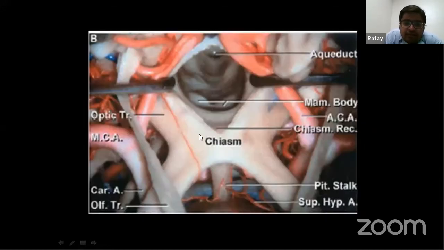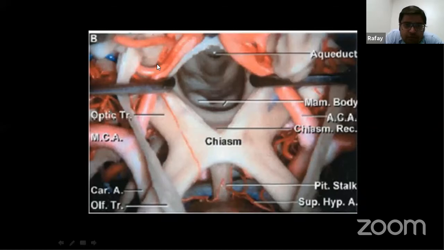This is the anterior view of the anterior wall, but the lamina terminalis has been removed. These are the optic nerve, optic chiasm, and we can appreciate the cavity of the third ventricle. On the floor, we can appreciate the mammillary bodies and the aqueduct of Sylvius.